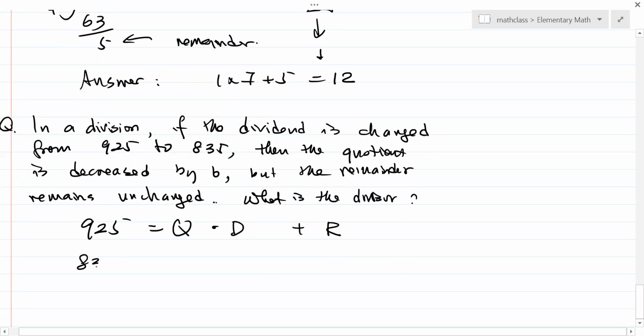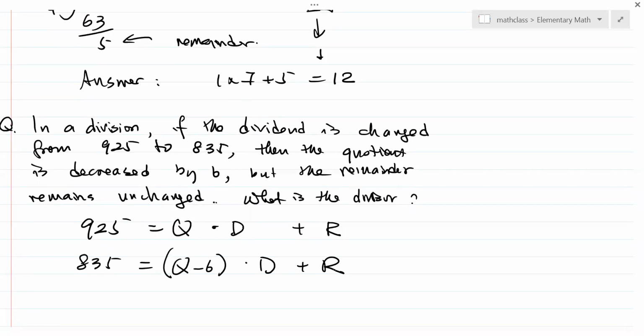And then change it to 835. We know that the quotient is decreased by 6. The divisor is unchanged. The remainder is unchanged. Are we able to figure out the divisor? Q times D plus R, and Q minus 6 times D plus R. This is the most difficult, when I just translate the sentence into mathematical symbols, but we don't need to solve such a kind of question. Is there any shortcut?